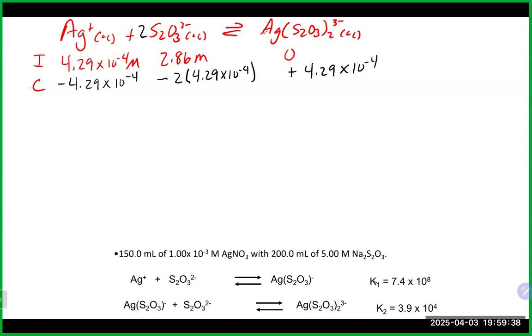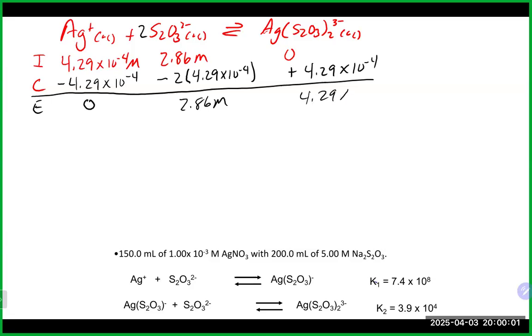That's good. That means when we reach equilibrium, we will have 0 of our silver like we anticipate. We will end up with, I think it's still 2.86. So let me see here. It's 2.86 still. And this is 4.29 times 10 to the minus 4. Any questions on that table right there?